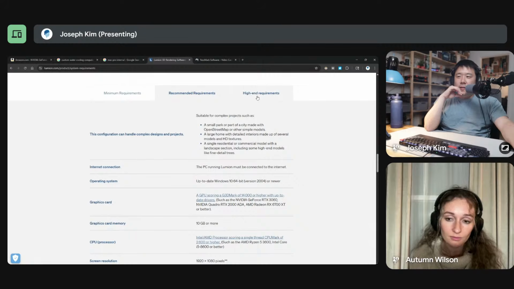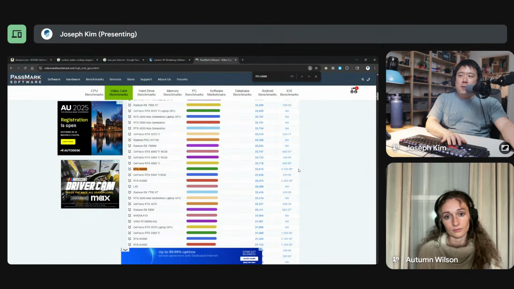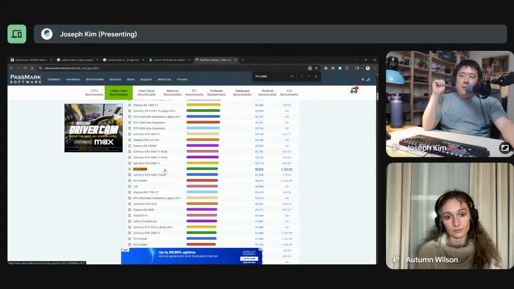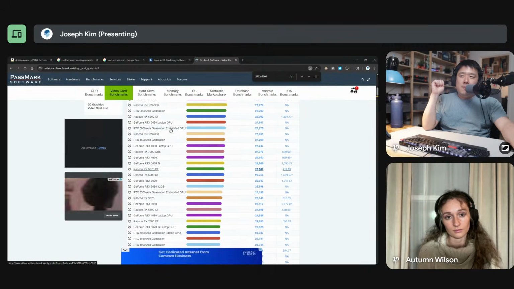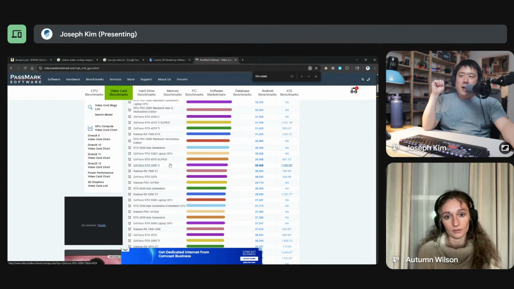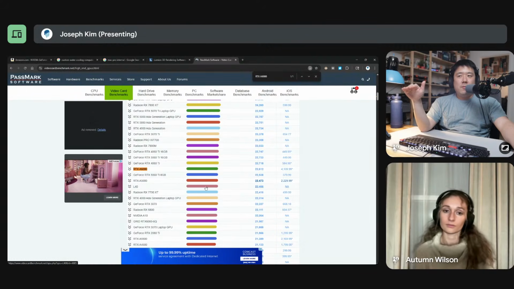Anyways, if you go to the high-end cards, then NVIDIA RTX 6000. That one I can look for. Probably has it. Yeah. So that one is comparable to, but still less than, the 4070 Ti Super that I have. So I can see that even if you get this card, it's not going to be as performant.